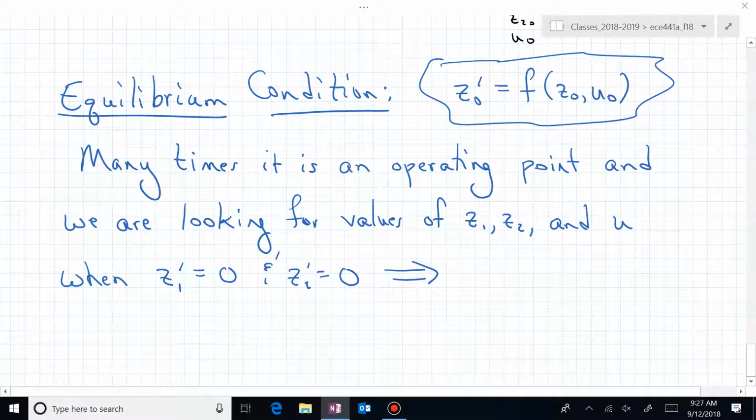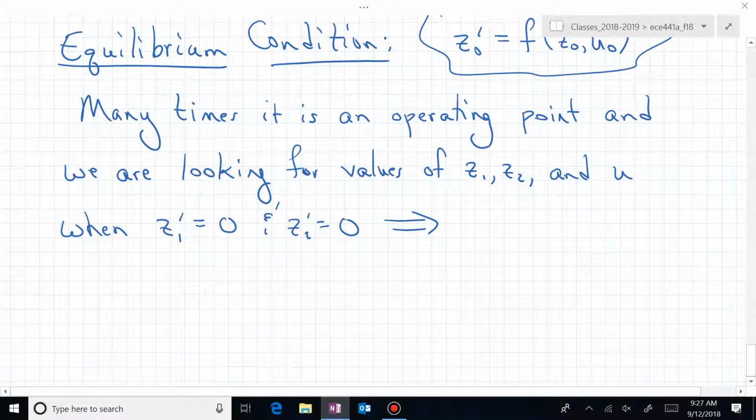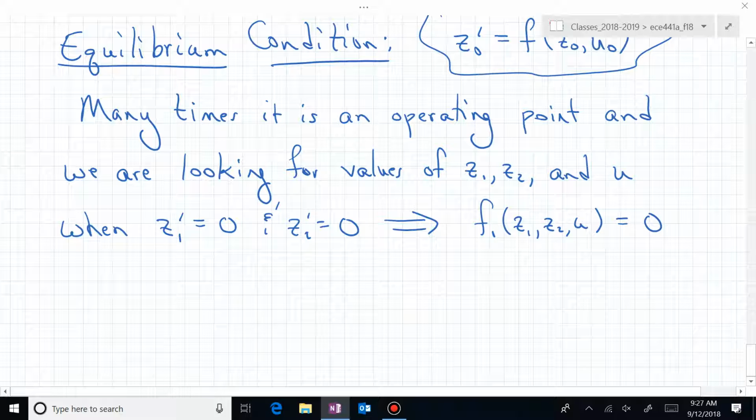So the F's have to equal 0, don't they? So now Z1 prime being 0 says that F1 of Z1, Z2, and U needs to be 0, and F sub 2, since Z2 prime is 0, at the operating condition.